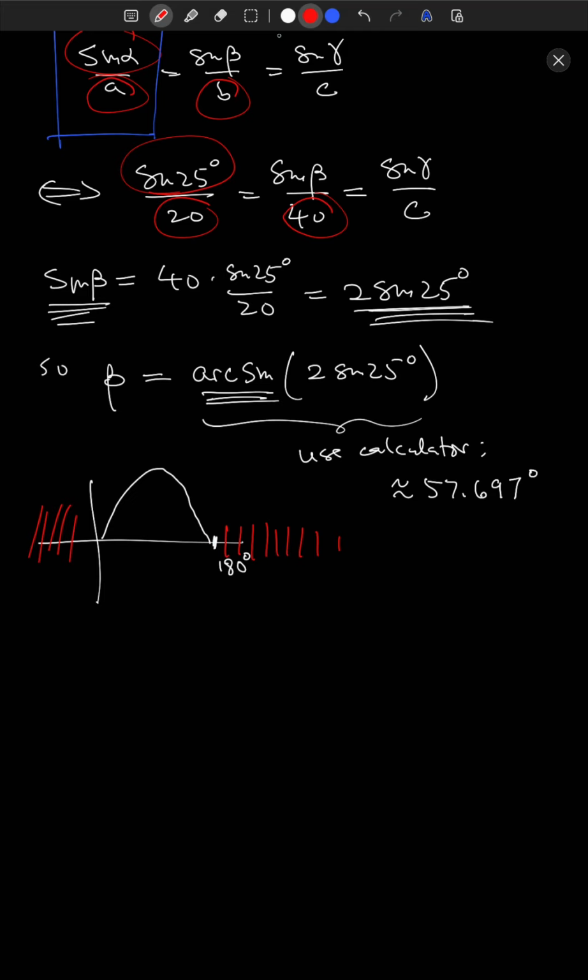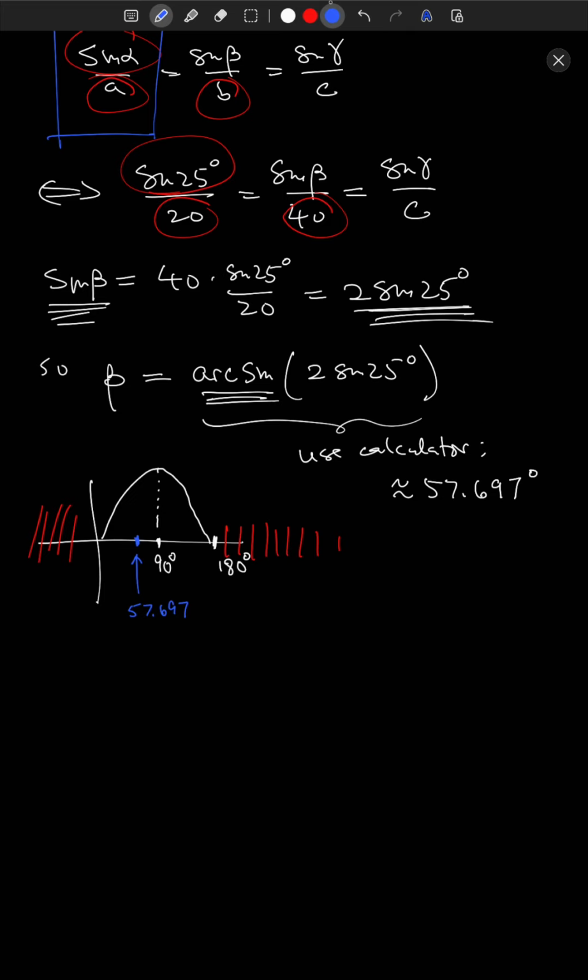All right, now take a look at what our calculator told us. Our calculator told us beta is 57.697 degrees. So let me label this here. This is 90 degrees right here. 57.697 lives somewhere, let's say like right there.